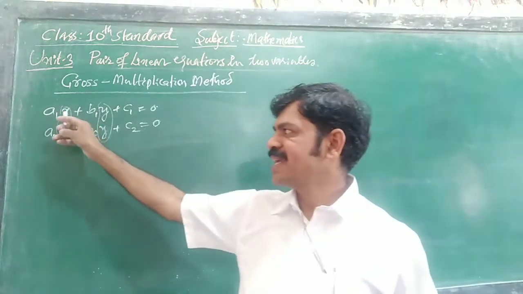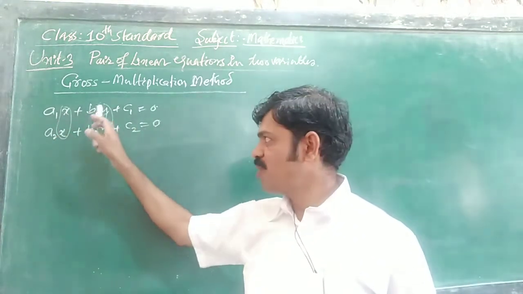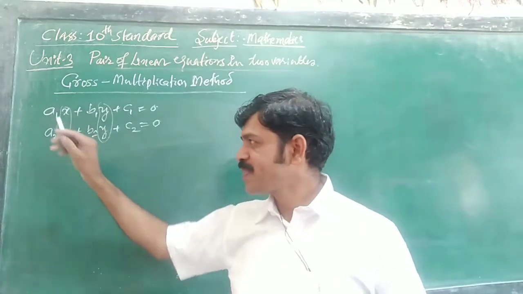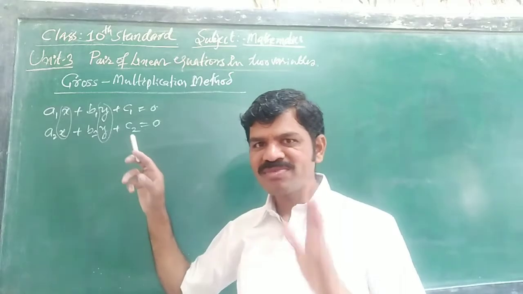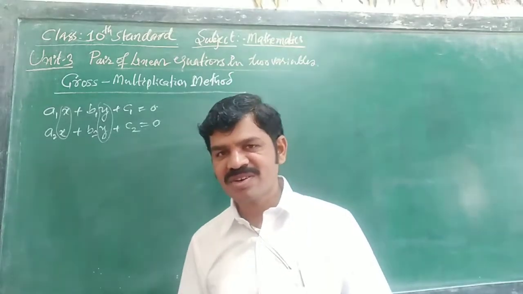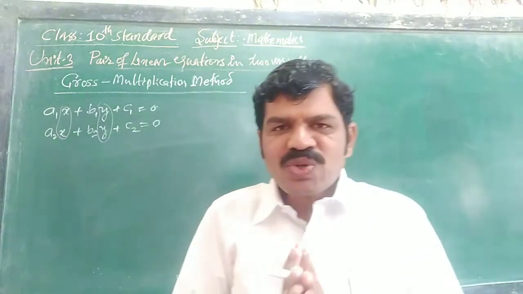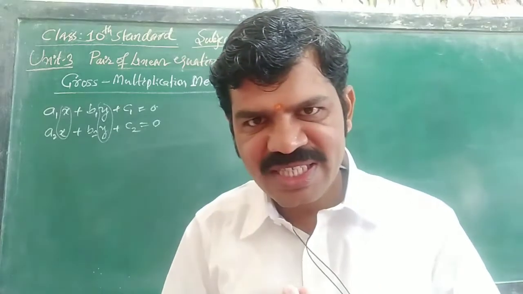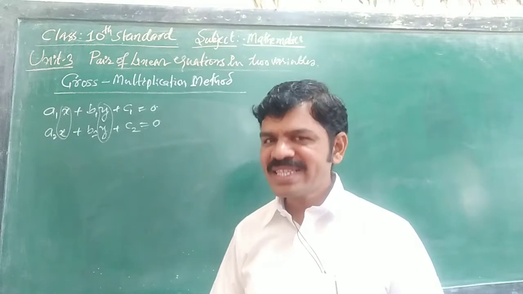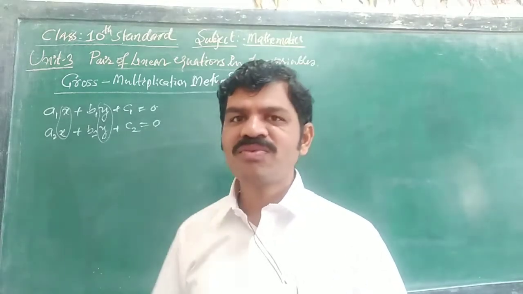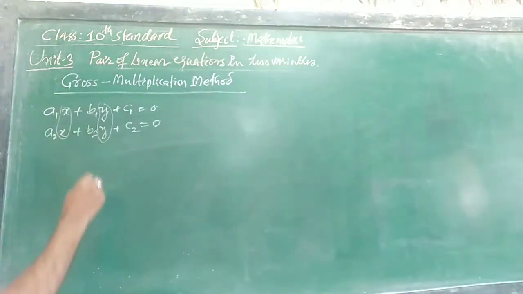See here, x is one variable, y is another variable. a1, a2 are the coefficients of x, b1, b2 are the coefficients of y, and c1, c2 are the constants. By using these coefficients and constants, we are going to formulate a formula for cross multiplication. Let us see how we are going to formulate the formula.